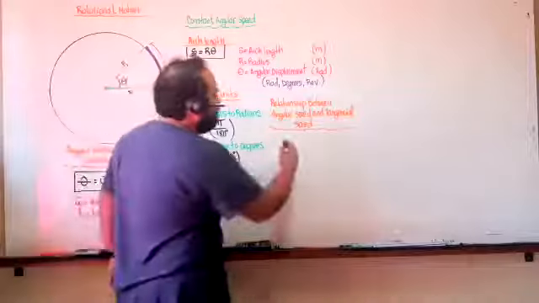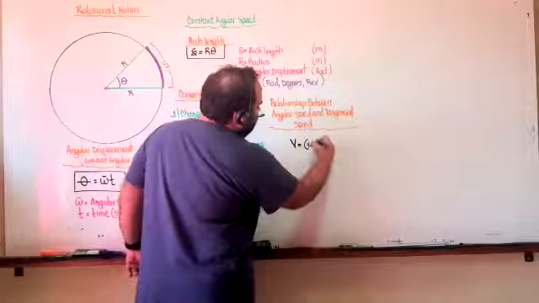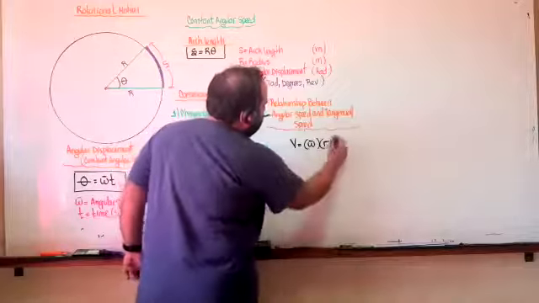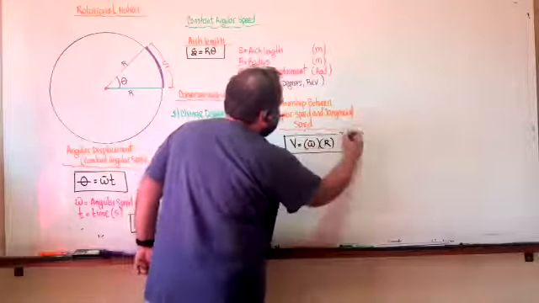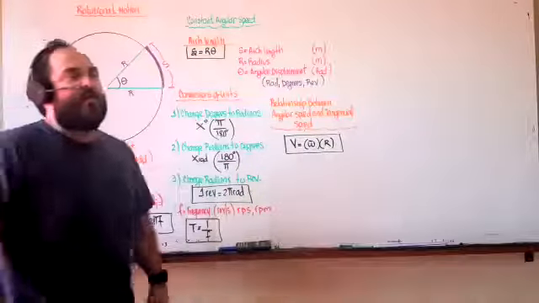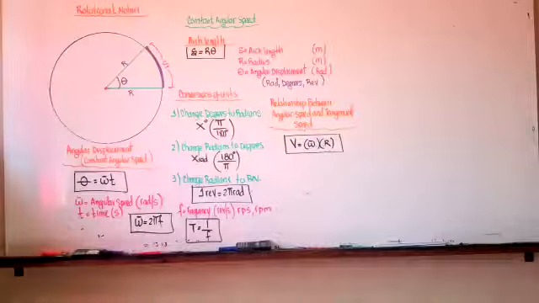The only thing we have to do is take the linear velocity, which will be equal to omega times the radius, capital R. In this situation, we can transform, for example, 20 radians per second. If you have a radius of 2 meters, and you multiply 20 radians per second by 2, you get a linear speed of 40 meters per second. All right, this is another relationship between them.